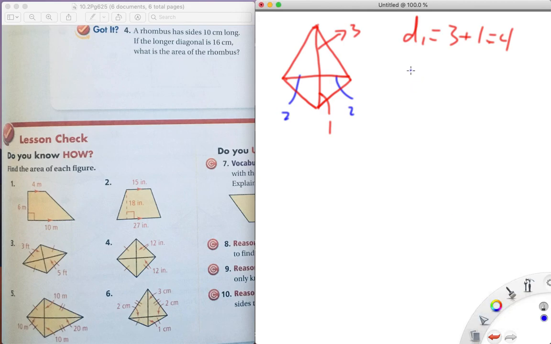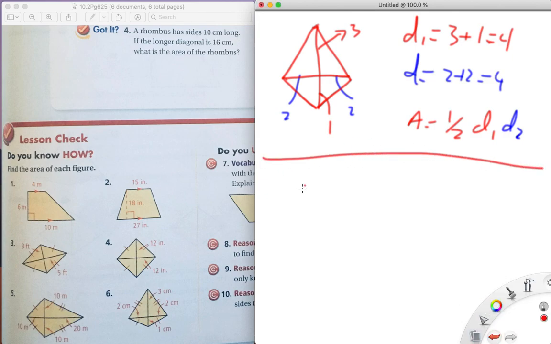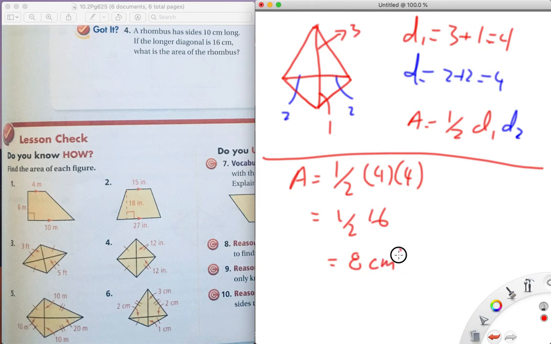Diagonal 2 is 2 plus 2, which also equals 4. And remember, area is equal to 1/2 diagonal 1 times diagonal number 2. So area is going to equal 1/2 of 4 times 4, which is 1/2 of 16, which is 8 centimeters squared.